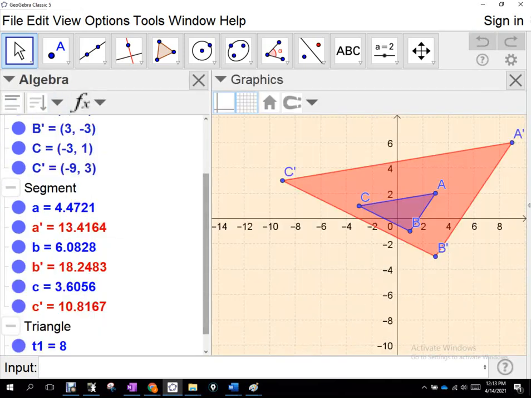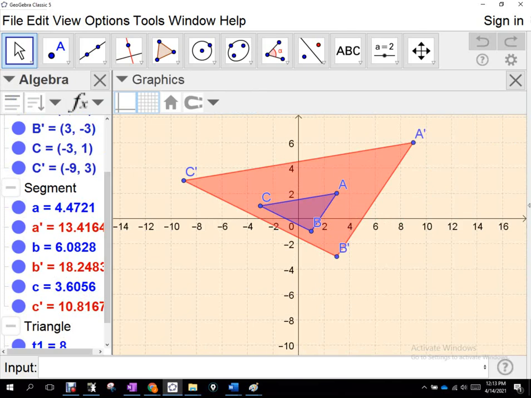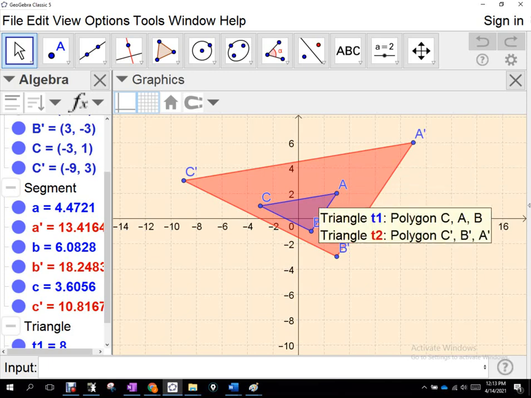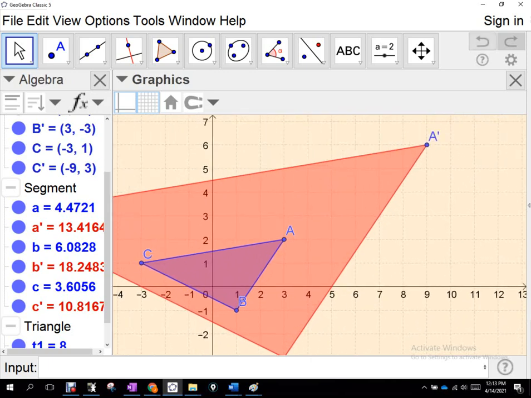All right, so we started with the blue triangle. We dilated it, and it gave us the red triangle.